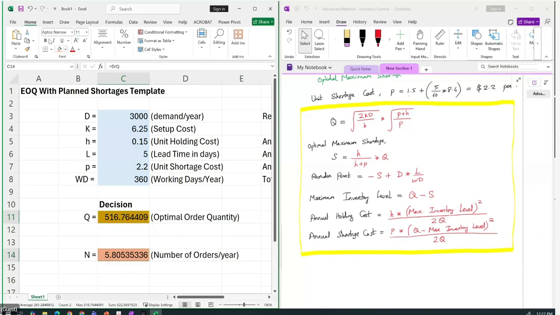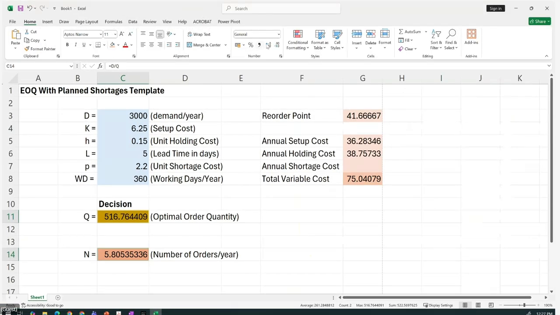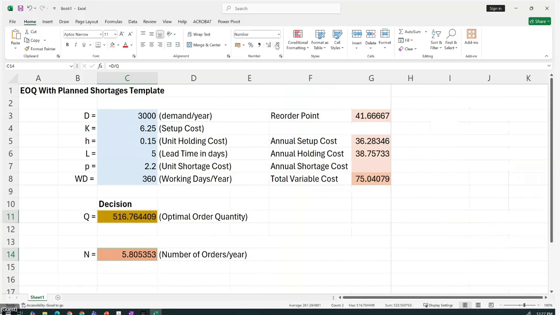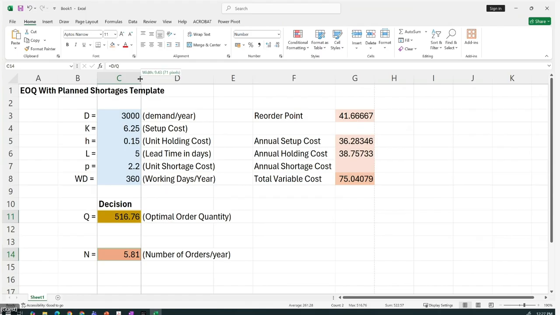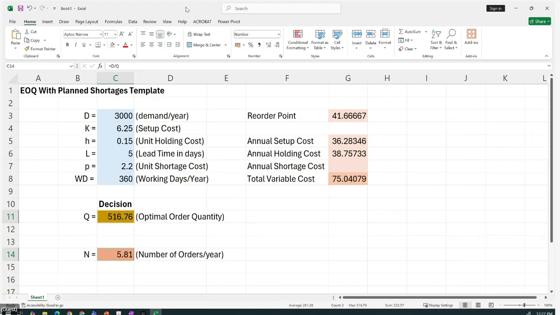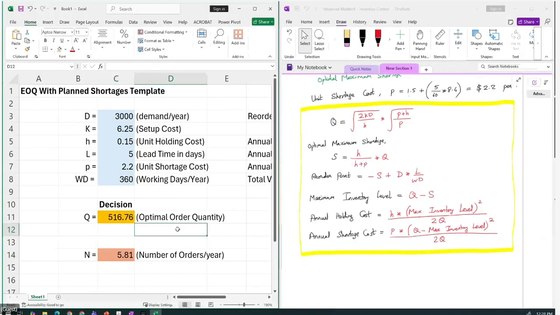You will now be getting a different value. Will there be any change for n? N will remain the same. Okay.